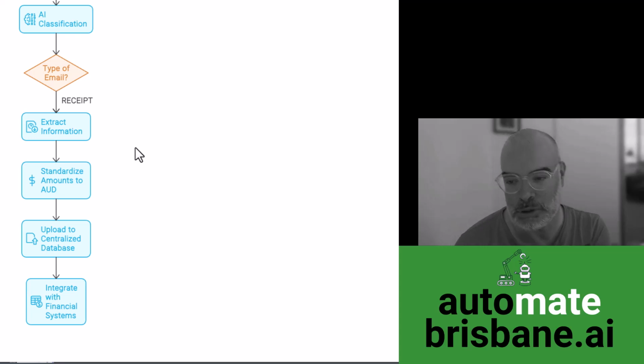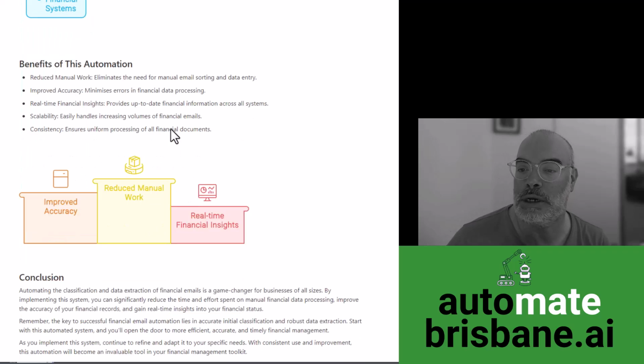In my case, because I get a whole heap of US dollars and euro bills coming in, it standardizes the amounts to Australian dollars so that I can report it in my system correctly, and then it uploads that information to my centralized database, but it can just as easily be OneNote, Quick Notes, whatever it is that your company or organization uses.